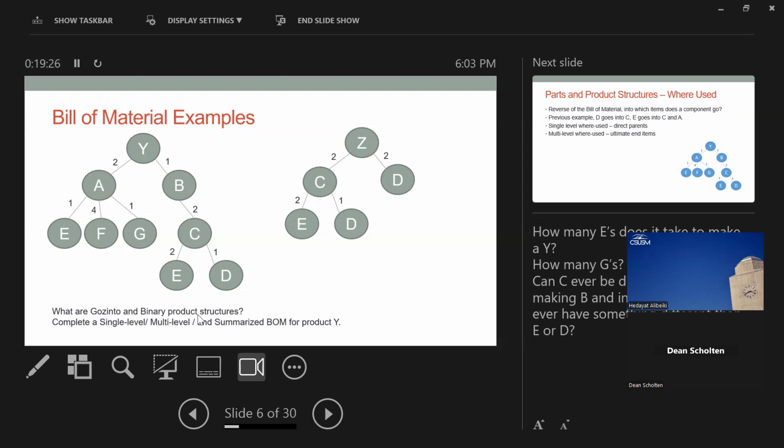But usually we don't do this. We go from the top. So for each Y, how many E's do I need? For each Y, how many E's is there?